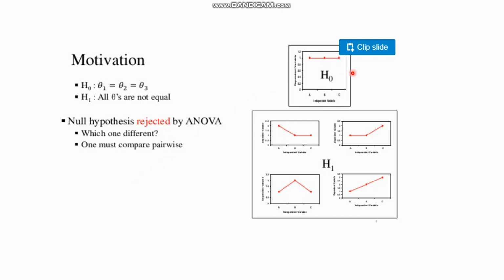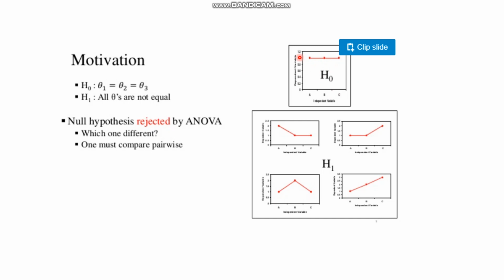Then the null hypothesis, H naught. Hypothetically, we have assumed there are three groups, A, B, and C. What we have plotted here is the mean. You know how to calculate the mean: we add up all observations in the group and divide the sum by the number of observations in the group.